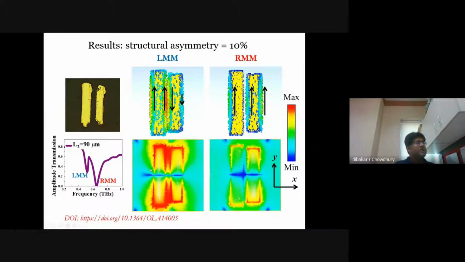We see that in the right metamaterial mode, the surface currents are all in one direction, so we call it a symmetric dipole mode. But in the other case, in one resonator the currents go from bottom to top, and in another they go from top to bottom, so these are like an asymmetric dipole.